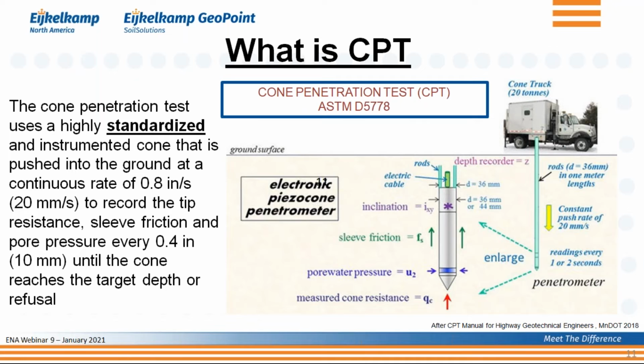We push a cone into the ground at a continuous rate of about 20 millimeters per second, or 0.8 inches per second, whatever unit you want to use, and we measure the tip resistance, the pore water pressure, and the sleeve friction. Highly standardized, and we get all that information.